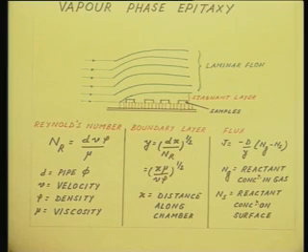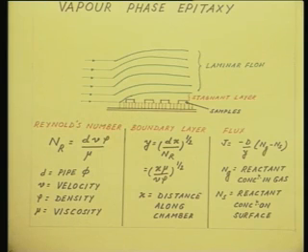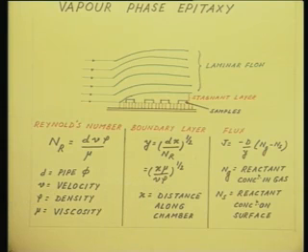Now, the width of the boundary layer or the stagnant layer is related to the Reynolds number by this formula. Y, that is the width of the stagnant layer, is given by d times x divided by Nr whole to the power half, which by substituting the value of Nr from the first equation, we can write as x times mu divided by v times rho to the power half, where x is the distance along the chamber.